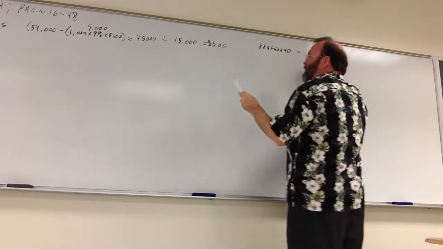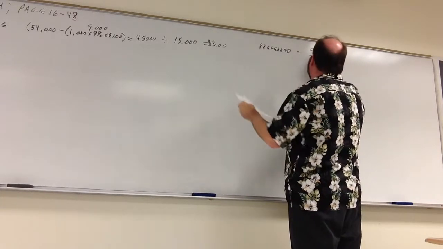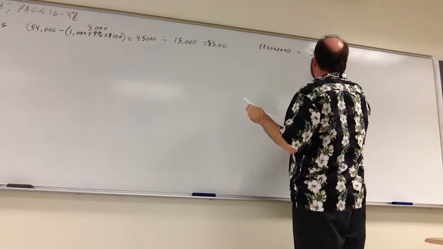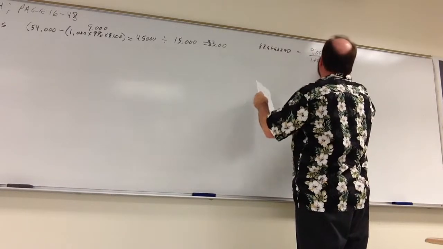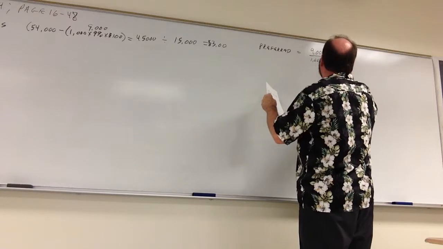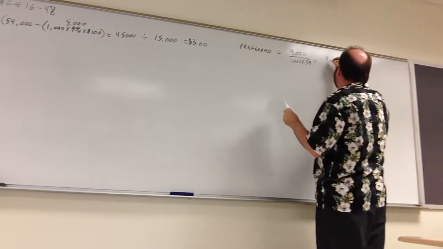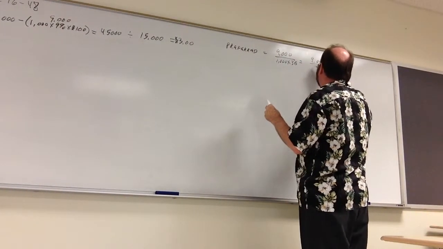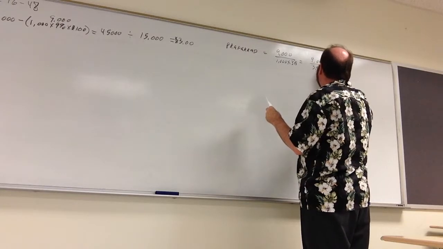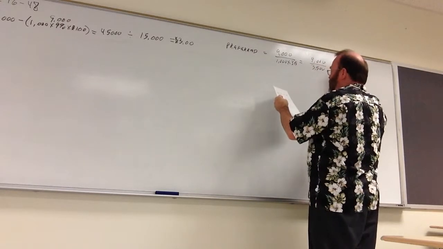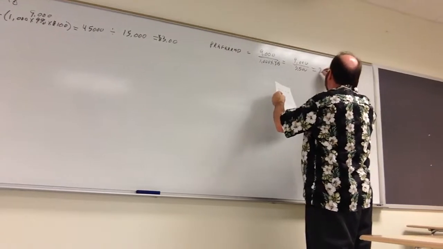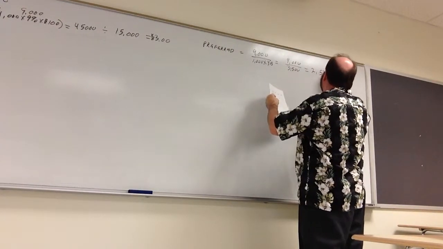And each one of the 1,000 shares of preferred stock is convertible into 3.5. So that equals 9,000 divided by 3,500, or an impact of 2.57.